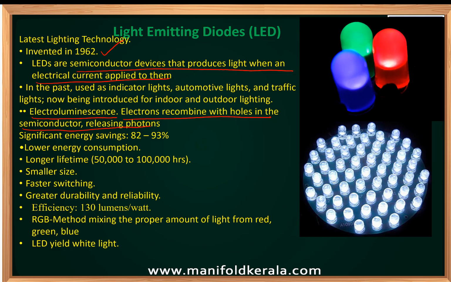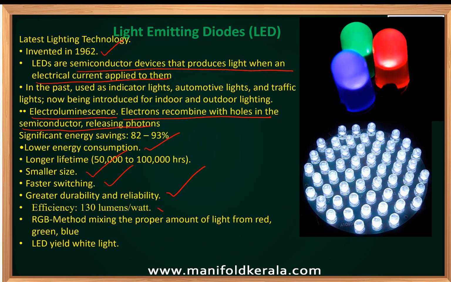If you understand the PN junction in any semiconductor material, these electrons will combine with an electron deficient portion called a hole, and when these electrons recombine with the holes, they release their energy in the form of photons.